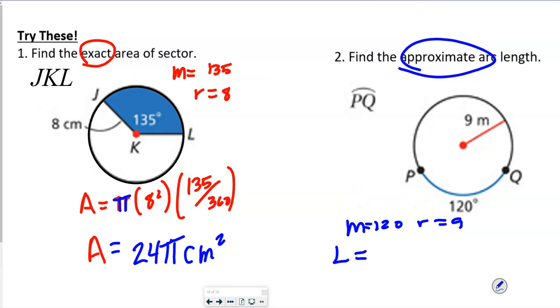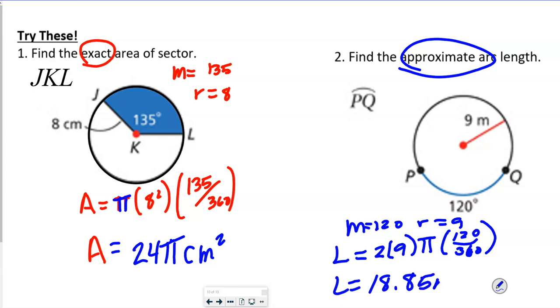So this is a length, and so that's going to be 2 times our radius times our pi, and then multiply 120 over 360. This time you are going to multiply by that pi, right? Okay, because it says approximate. So when you do this one, you get that the length is equal to 18.85 meters.